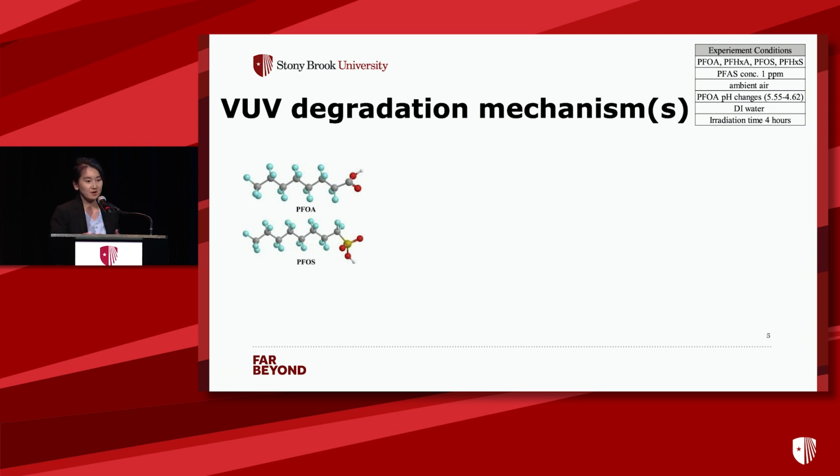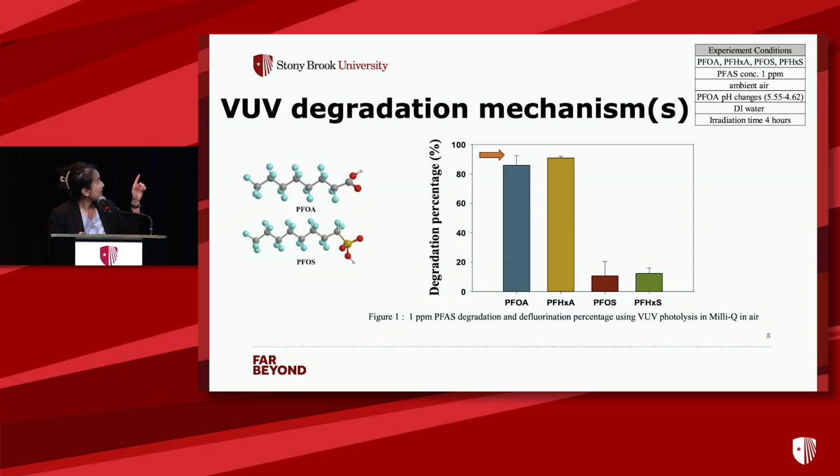Thanks to the previous great talks about PFAS background, we all know that PFAS is a big family with more than thousands of chemicals. Depending on the chemical structure, we can characterize them into subgroups, such as carboxylic compounds like PFOA and sulfonic compounds like PFOS.